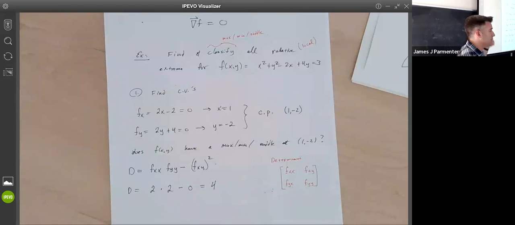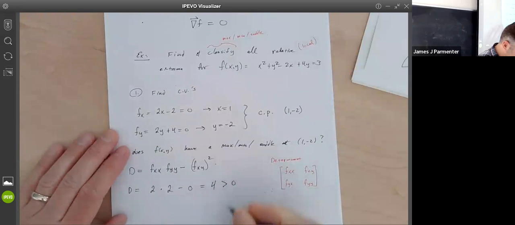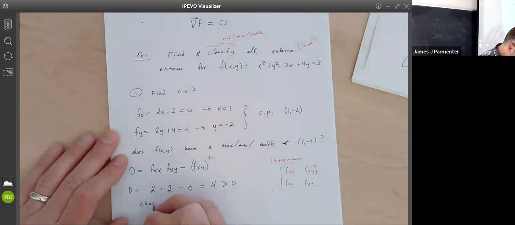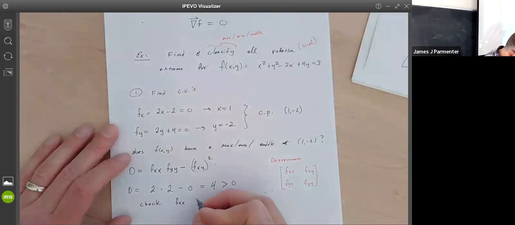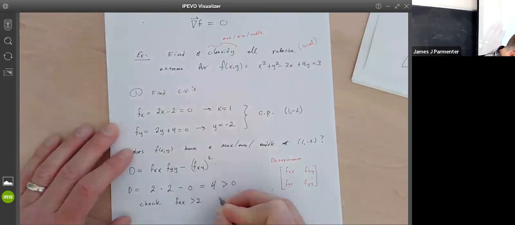So if D is positive, one of two things happens. It's either a maximum or a minimum. So if this is positive, then you have to check one of the second derivatives. It doesn't matter which one, fxx or fyy. In this case, both of them are positive. fxx is equal to 2, which is greater than 0. fyy is also 2, which is greater than 0.